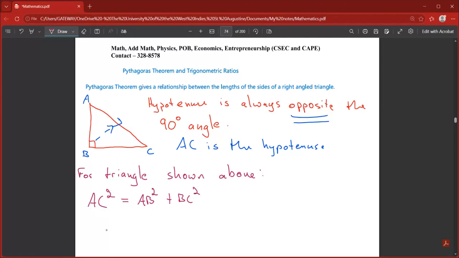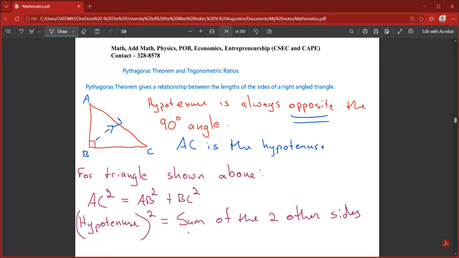What is this really? This is really the hypotenuse squared. I could put that in brackets and square it. Hypotenuse squared is equal to the sum of the two other sides, where each term is squared.